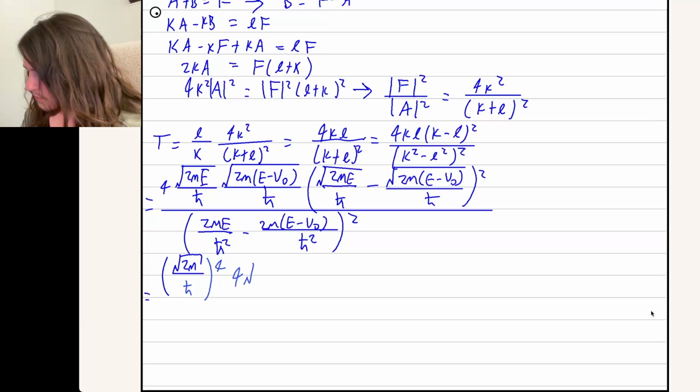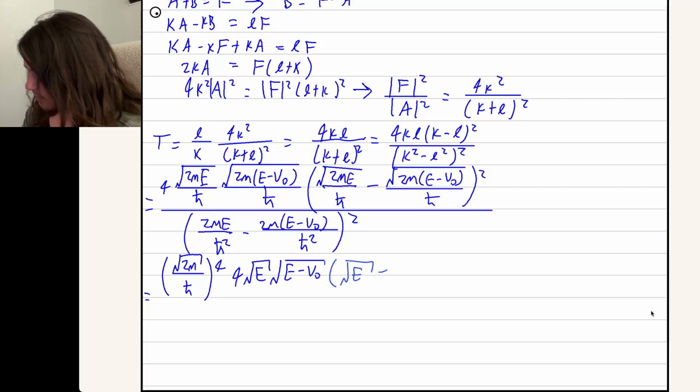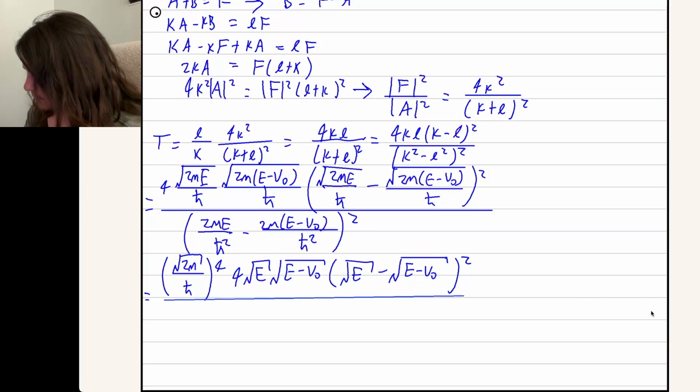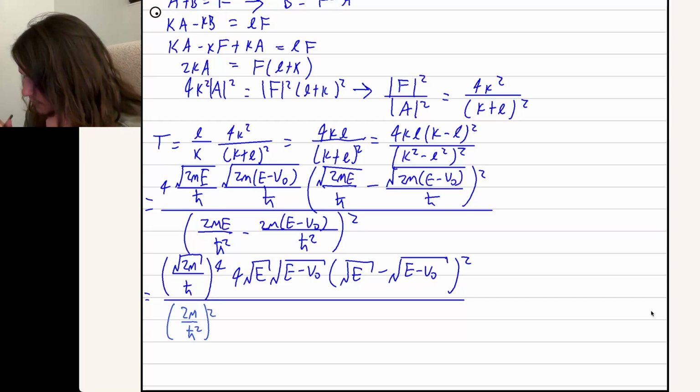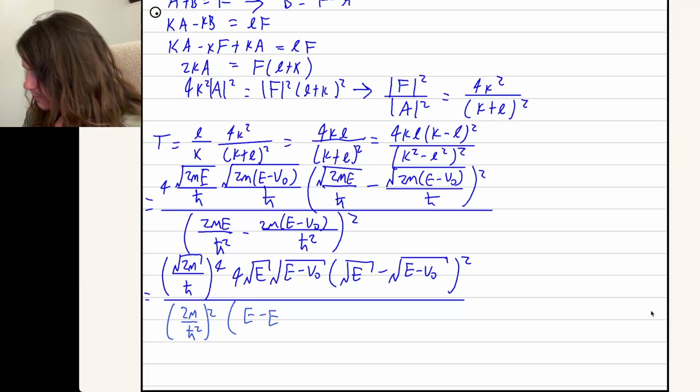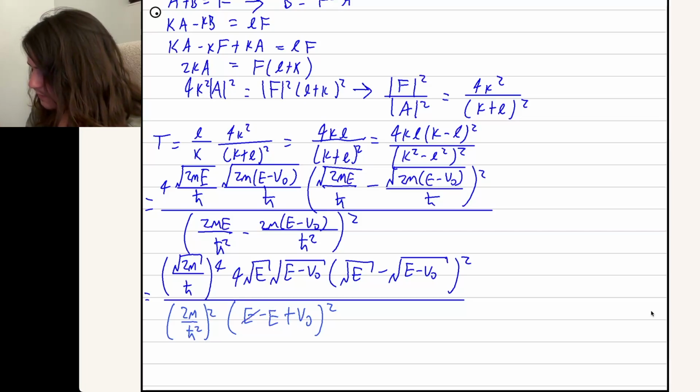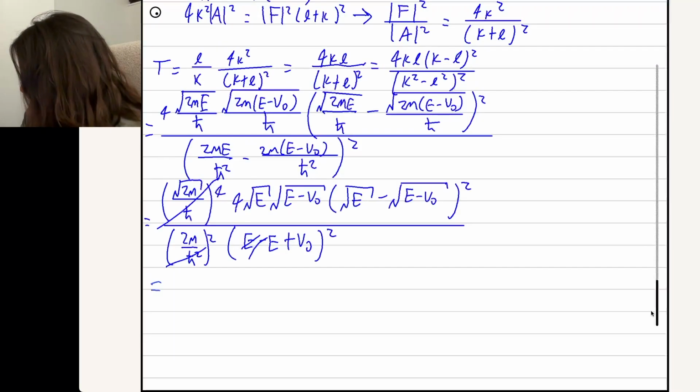But now we just have 4 root E times root E minus V naught times root E minus root E minus V naught, squared, and then it's going to be over 2m over h bar squared, all squared, and this is going to be multiplied by E minus E plus V naught, again, all squared, and so these E's cancel out, these terms cancel out, and we're left with the simplest form that we can get, but it's still pretty gross looking.